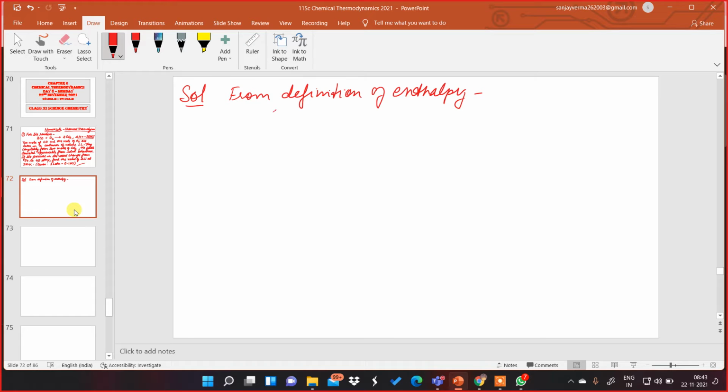The formula of enthalpy is delta H is equal to delta U plus delta PV, pressure volume work.